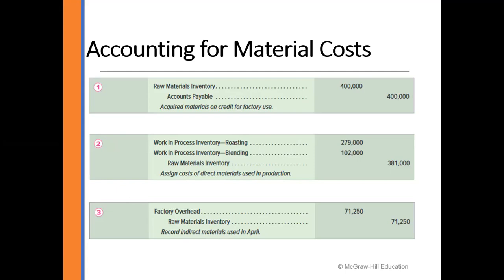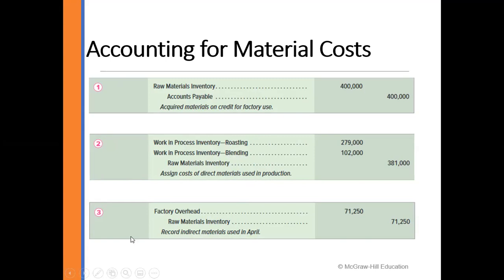So when we think about transferring material costs to work in process, in this case, we've got 2 different work in process inventory accounts. First, when we accumulate material costs, we're going to accumulate material cost in the roasting department, and then in the blending department, right?